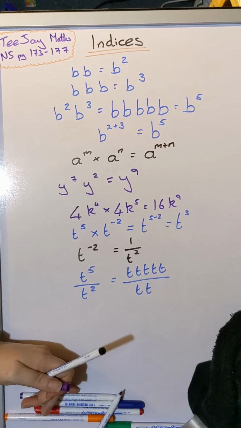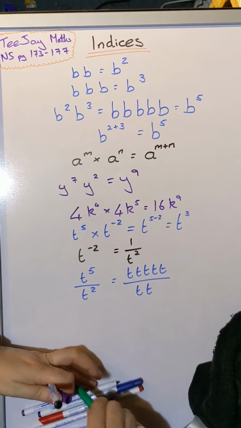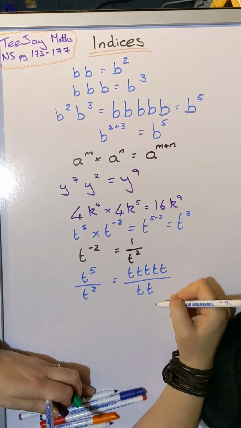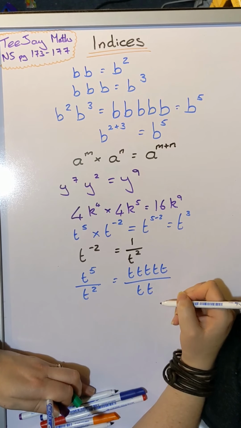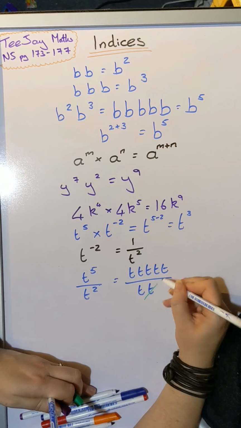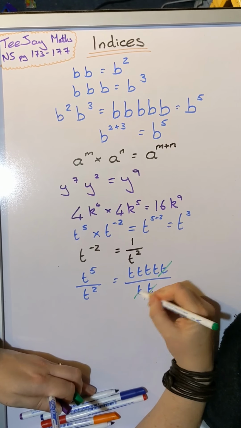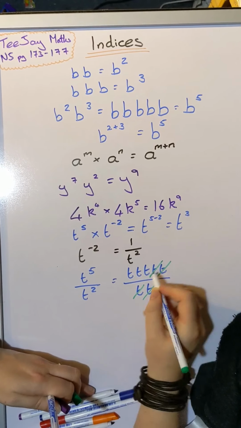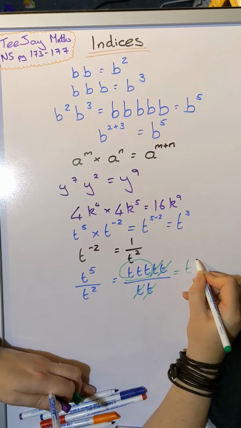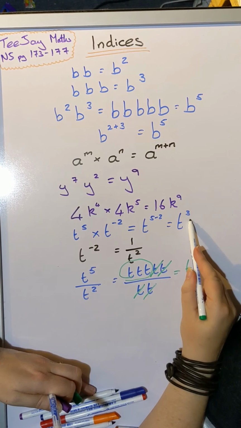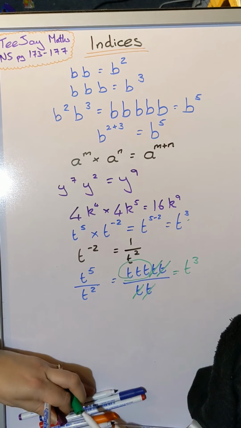And if you remember, what we can do when we're doing that, because we've got the same on the top and bottom, we can cancel out, just like we did with fractions normally. So that cancels, that t cancels, leaving us with these 3 t's, t to the power 3, as we expected.